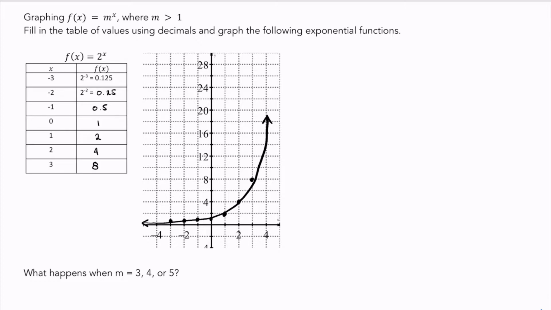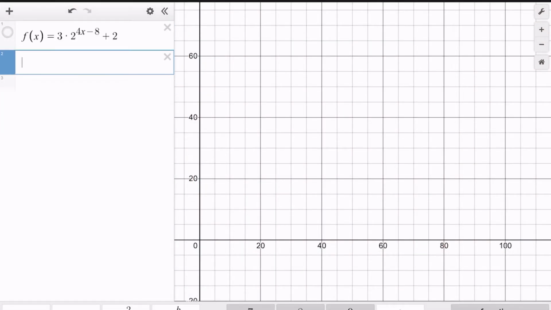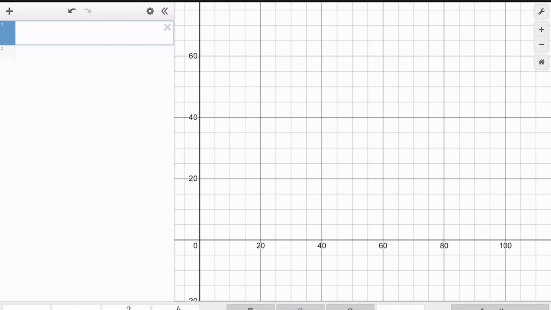What happens if we were to change the base to something like f of x equals 3 to the x, or 4 to the x, or 5 to the x? Let's take a look at that on Desmos. I'm going to open this up, clean this up here, and enter in a function.